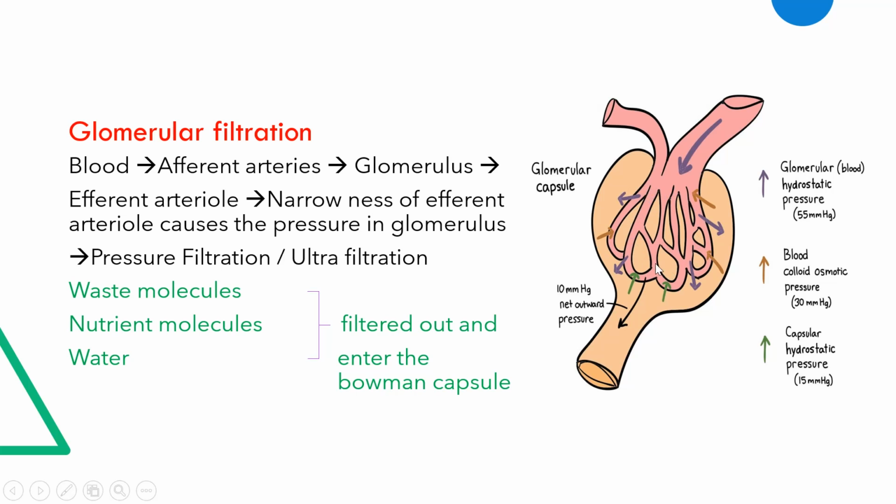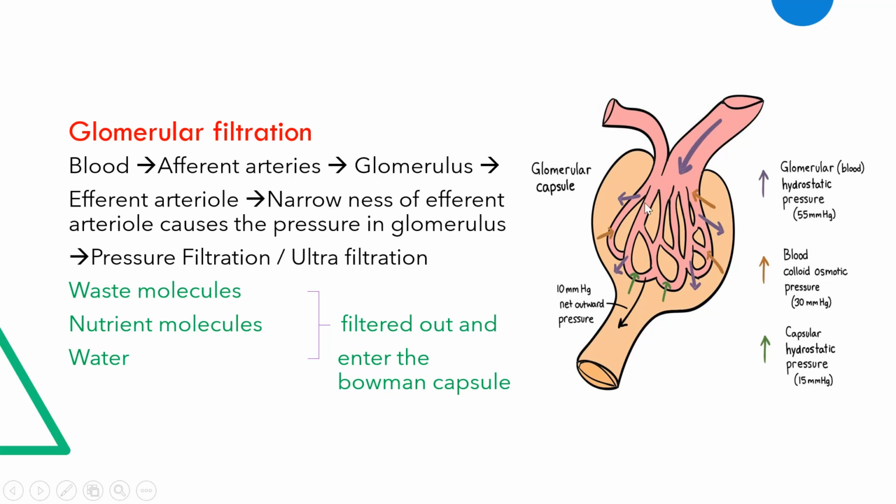This pressure formed in the glomerulus is called a pressure. The filtration is called pressure filtration or ultrafiltration. So this pressure helps in the filtration of waste from this blood.